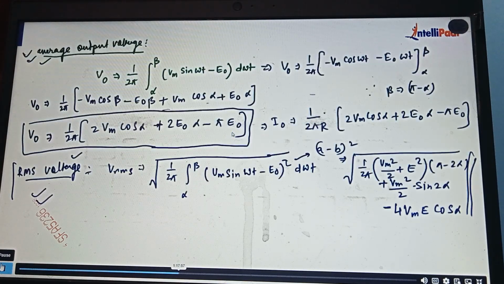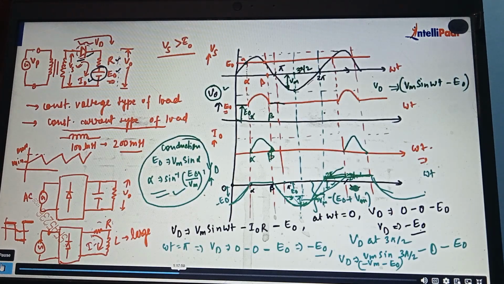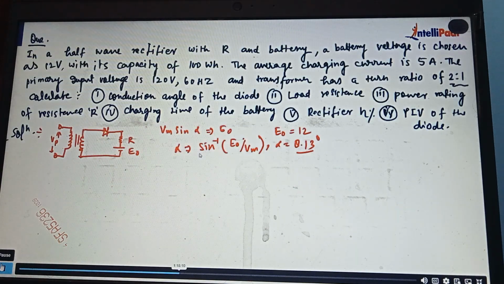That is E naught, because the conduction will start at alpha. So at this point, E naught, the battery voltage, is equal to Vm sin omega t. So that's why we have equated it with Vm sin omega t.